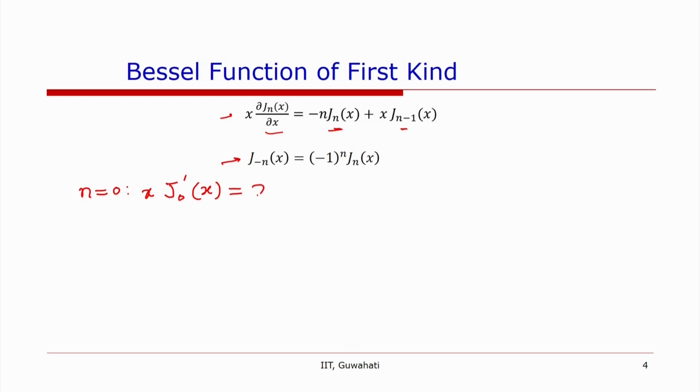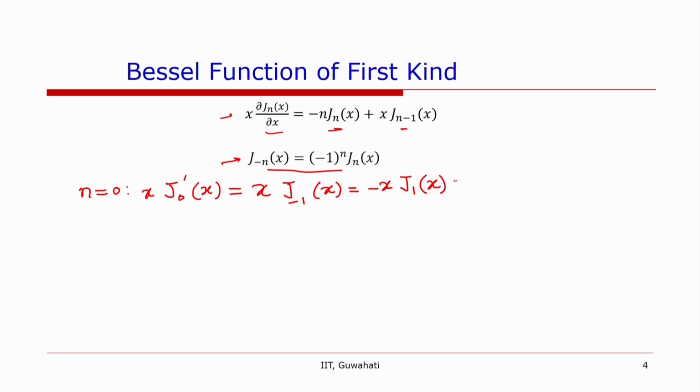So we will have x J minus 1 x, but from this relationship we have that J minus 1 x is equal to minus J 1 x, so we will have minus x J 1 x.